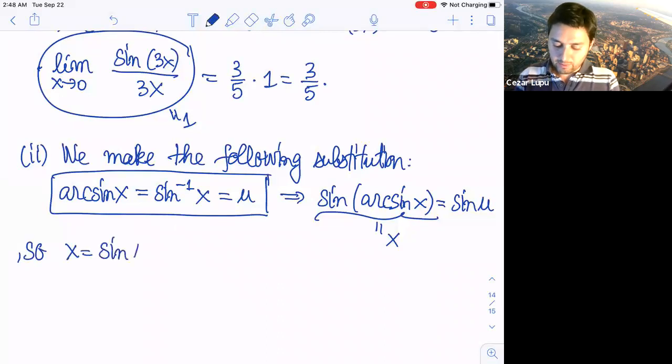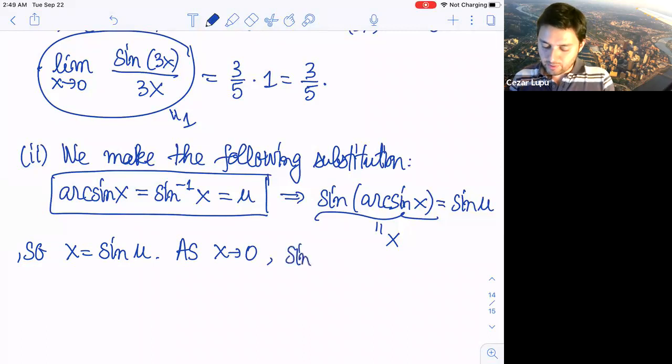And now let's see the bounds. As x approaches 0, sine of u approaches 0, and this implies that u approaches 0. So now let's rewrite the limit.